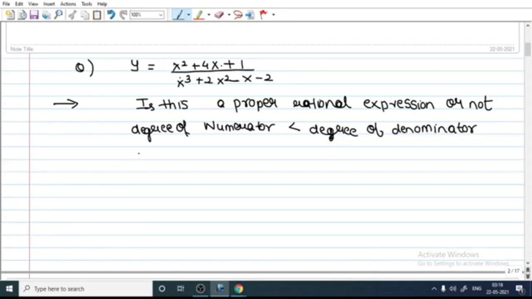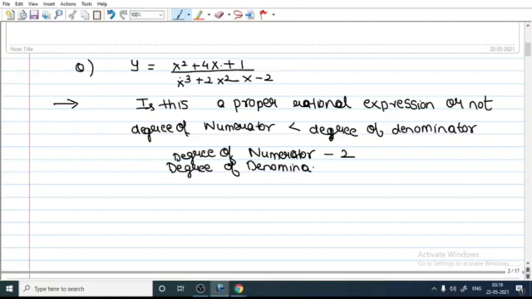So here you can see the degree of numerator is 2, while the degree of denominator is 3.